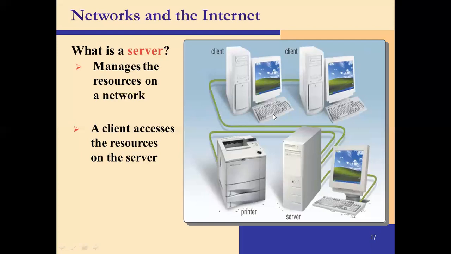Now let us talk about these clients. A client accesses the resources on the server. Like I said before, the server stores the data from one computer. If I am connected with the server right now, I have data and I allow the server to access that data. And there is another person, like you are the second person who has a computer, and we both are connected to the server.